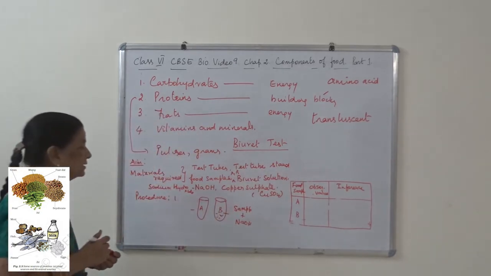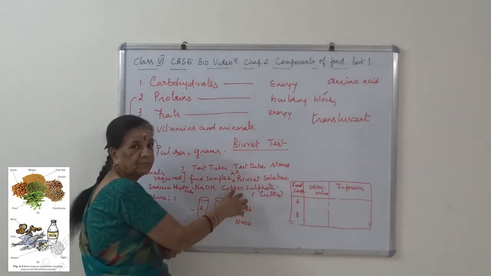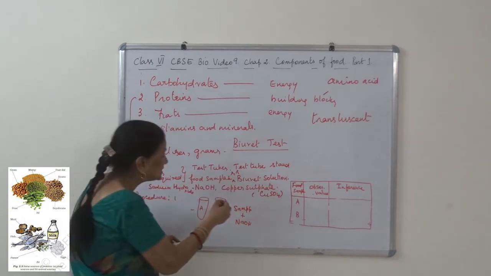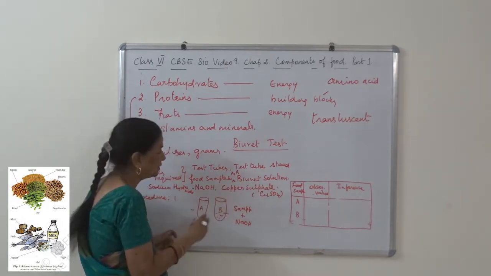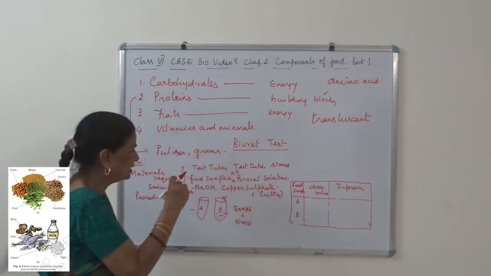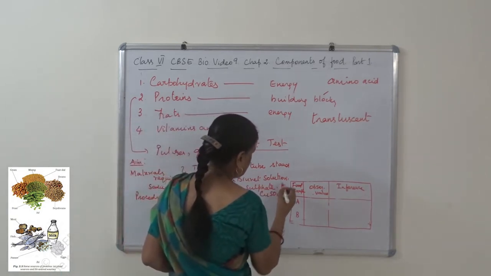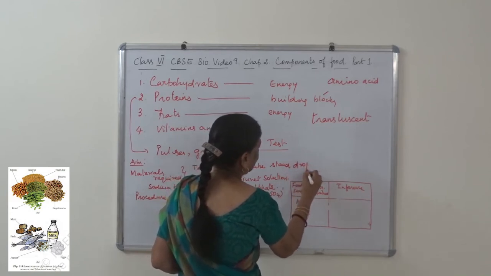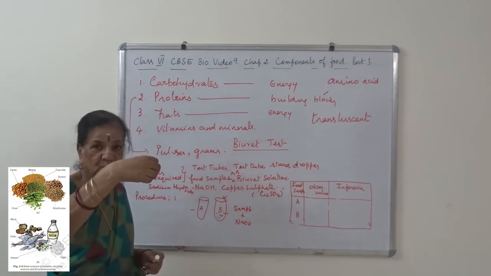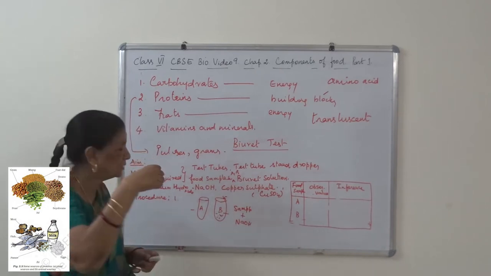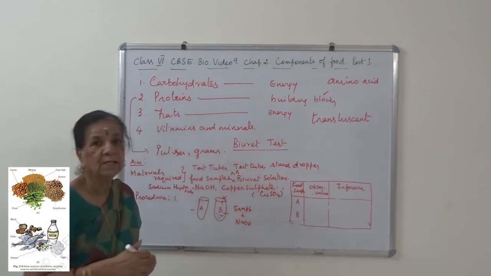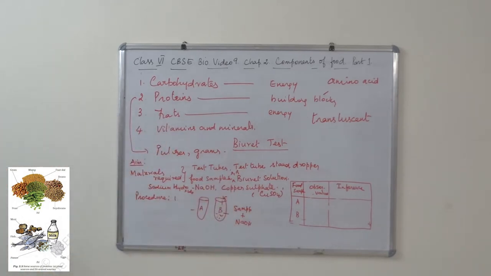Then you add copper sulfate solution drop by drop along the sides of the test tube. You need a dropper. With the dropper, drop by drop you have to add copper sulfate solution.